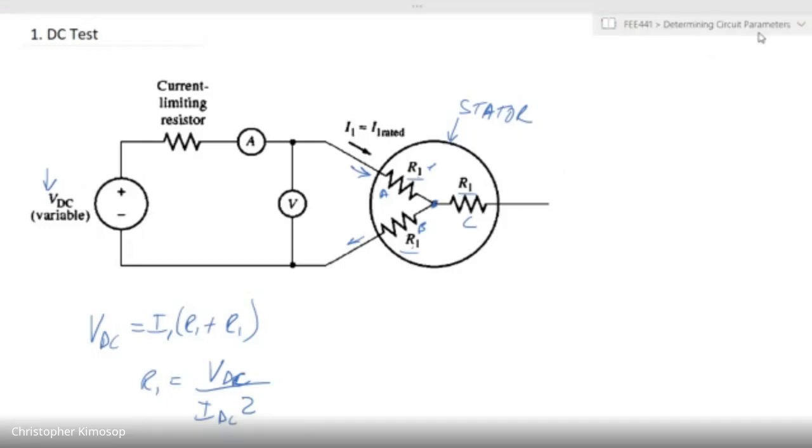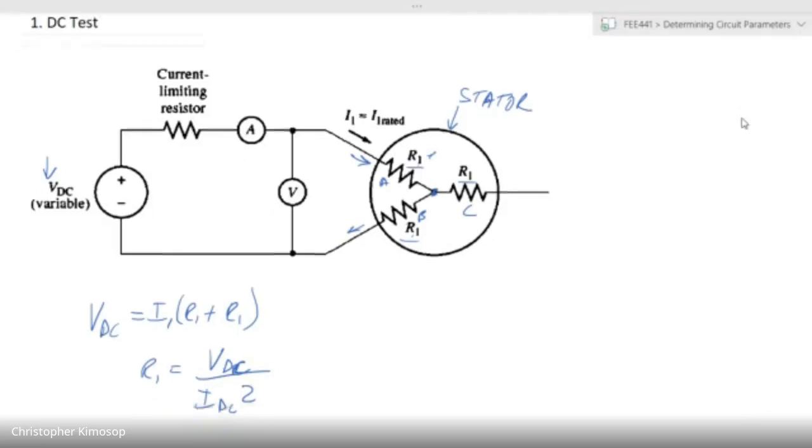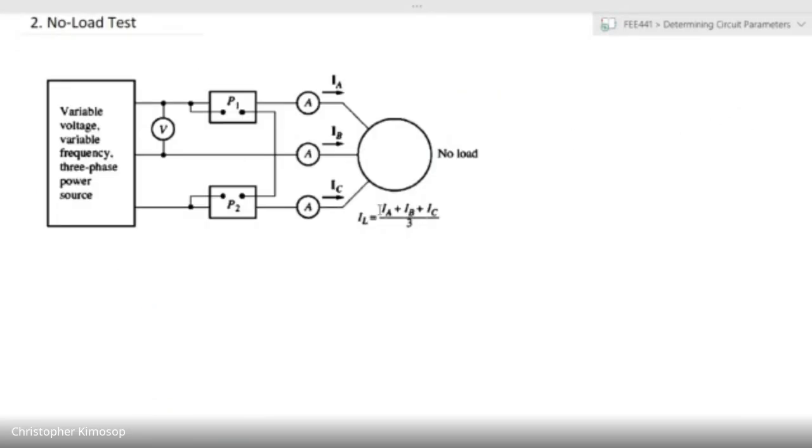So we move on to the no-load test. The no-load test is applied using the circuit that you're seeing there. On the left-hand side, you have a 3-phase power source.